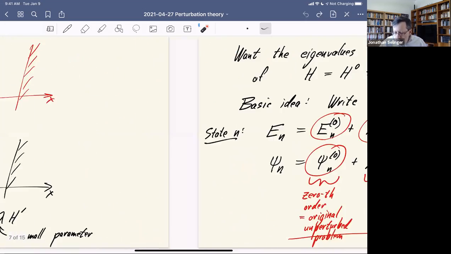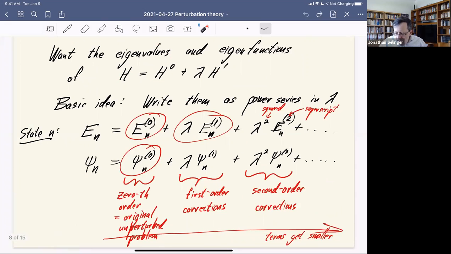We want to find a series for the energy eigenvalues and the eigenstates psi of some problem, but we don't have anything like the Taylor series formula, so we have to figure it out.